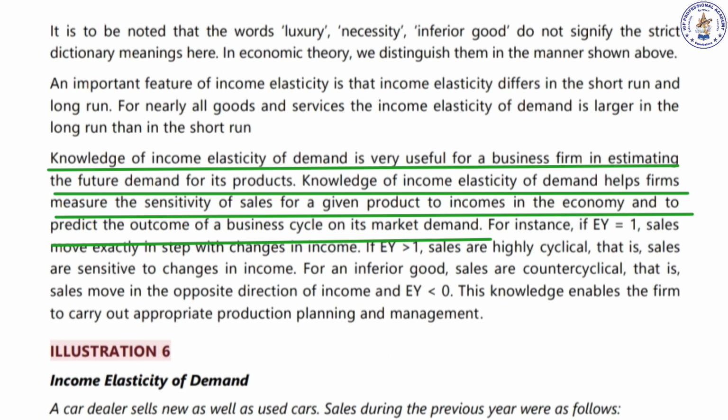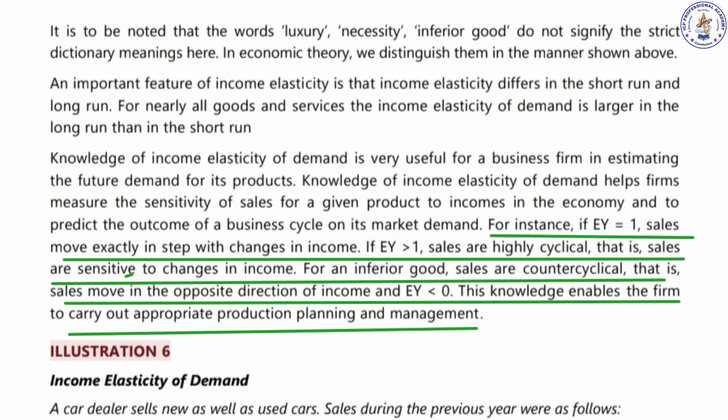For instance, if EY is equal to 1, sales move exactly with the changes in income. If EY is greater than 1, sales are highly cyclical. That is, whenever there is a change in income, the demand also changes. But for inferior goods where EY is less than 0, it is counter-cyclical.